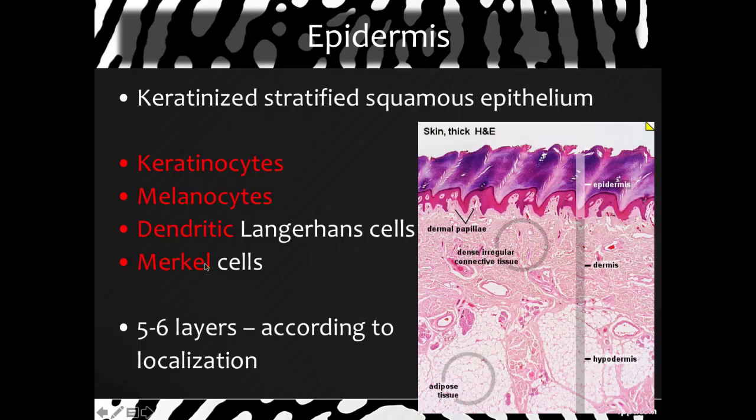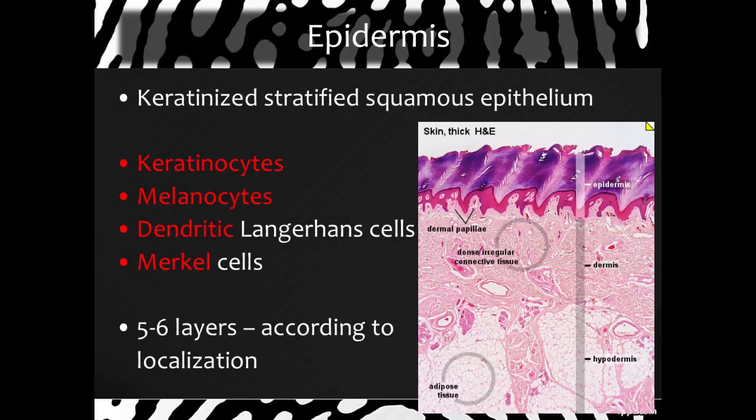The last type of cells are the Merkel cells. Merkel cells are sometimes called epithelial tactile cells. They have the function of cutaneous sensation. They are also like dendritic cells, which possess some antigenic markers of epidermal and also of neural type.